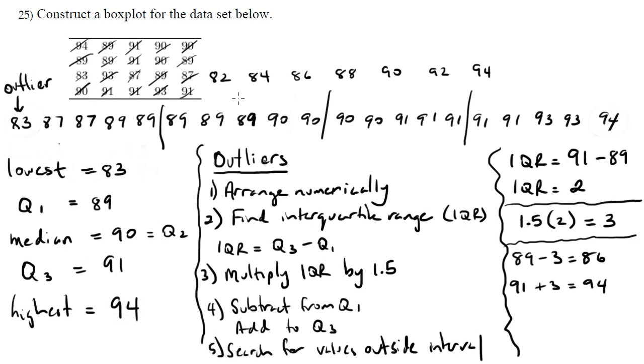So first thing I'm going to plot is that outlier. Outlier gets an X right at 83. That's my outlier. I'm not even considering that part of this box plot I'm going to draw. So I make a segment at my new lowest value, which is 87.